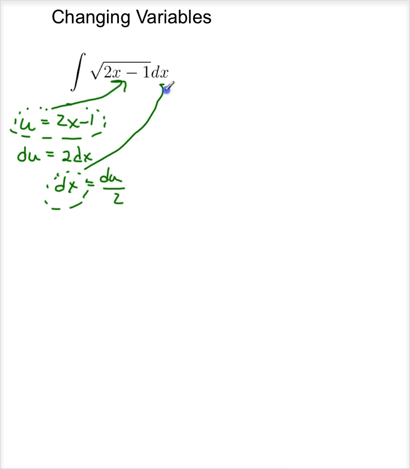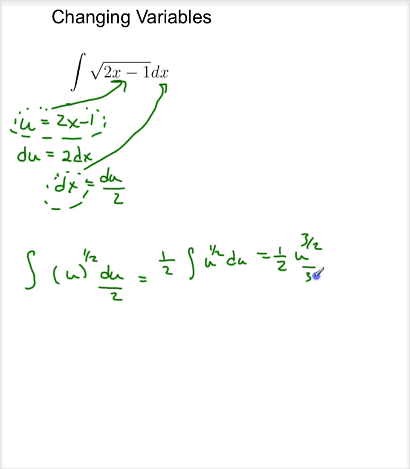And when I do, this becomes the integral of u to the 1/2. Now when I plug in dx, that's going to be du divided by 2. So I'm going to rewrite this as 1/2 the integral of u to the 1/2 du, which is 1/2 u to the 3/2 divided by 3/2 plus c.